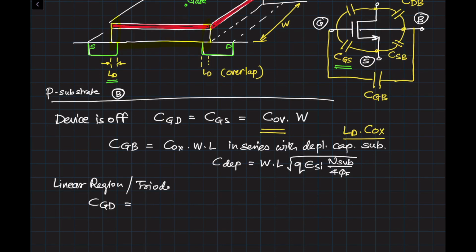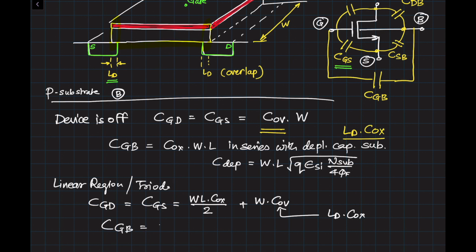CGD is equal to CGS, which is given by W L C ox divided by 2 plus W times C overlap, and that is given by LD times C ox. Since the channel existing in between is kind of like a shield, the gate to bulk capacitance is equal to 0, because now we have a channel which is connected between source and drain. So the gate can only have capacitance to this channel.